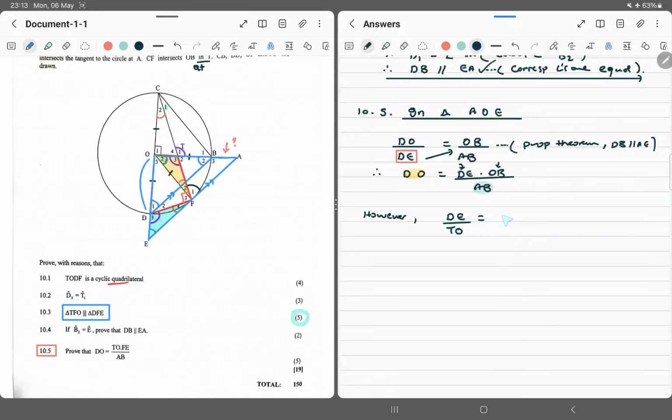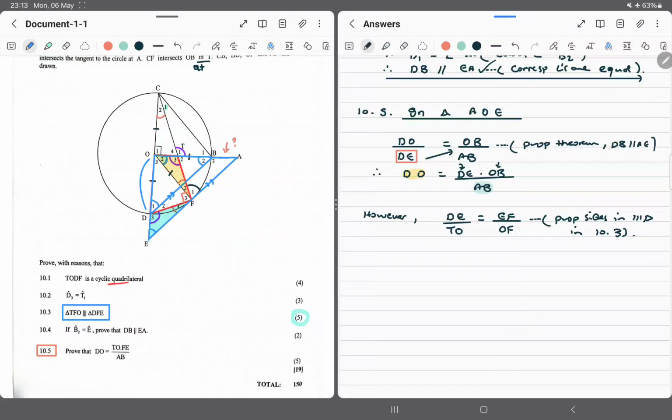Then see angle EF over EF is opposite OF. Nice. So what can we say here? This is proportional sides in similar triangles in 10.3.